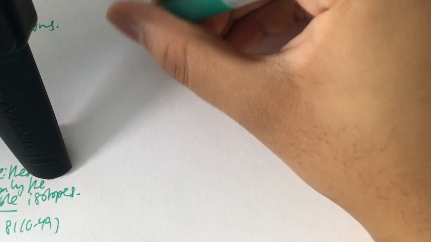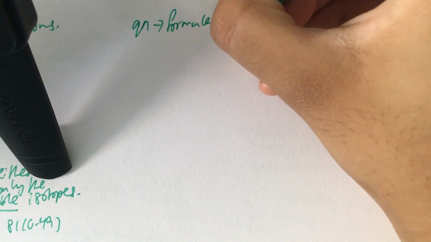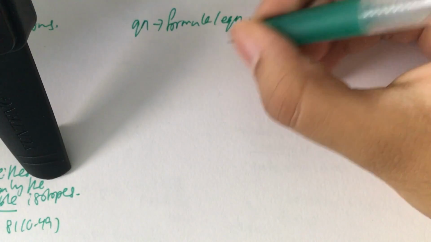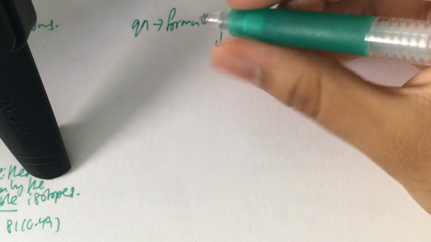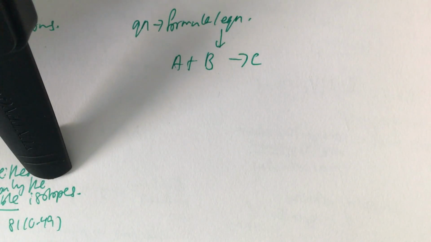I guess this one is based on questions where you see a certain formula or certain equation, and from there you have to figure out, if this certain mass of A reacted with a certain mass of B, what happens, and what is the resultant mass.